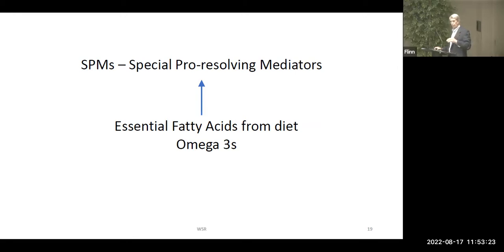So they're really the building blocks of fat, as they are the building blocks of SPMs. And that's the key to omega-3, is that they are the primary component of the special pro-resolving mediators.